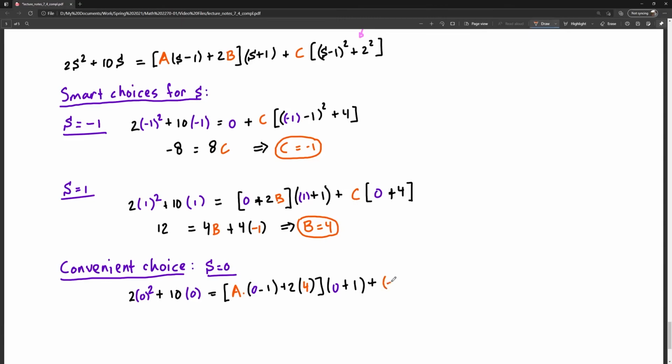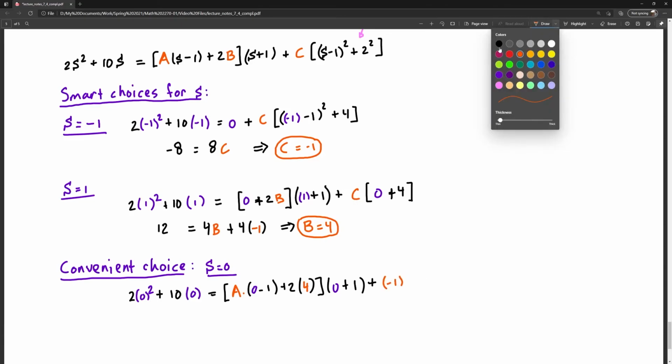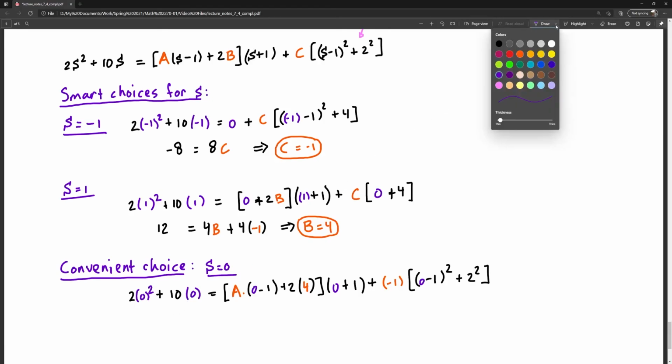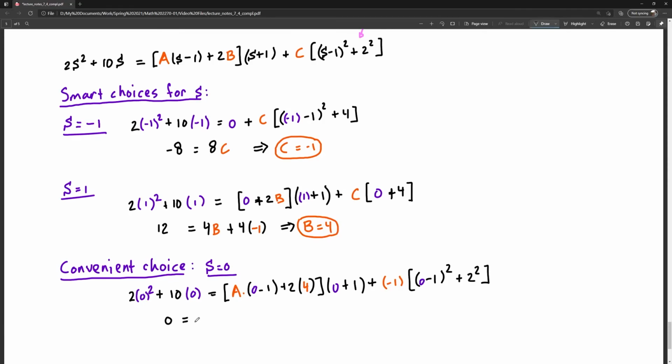So that's -1 times, and then that expression here, so that's c times 0 minus 1 squared plus 2 squared. And so that gives us this expression right here. And now simplify all of that. So the left-hand side is 0.